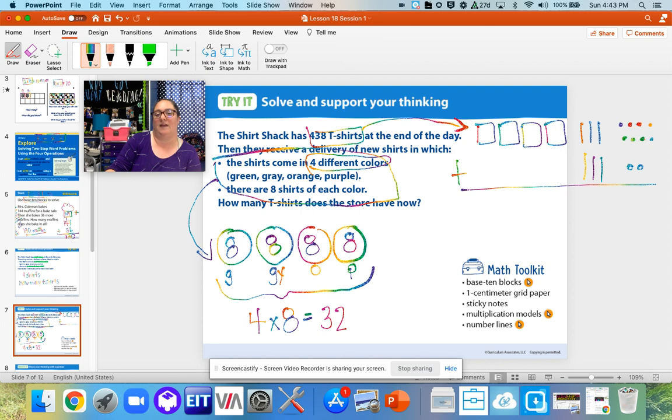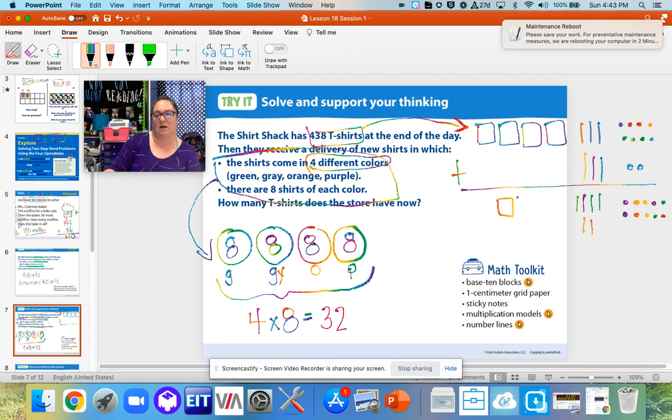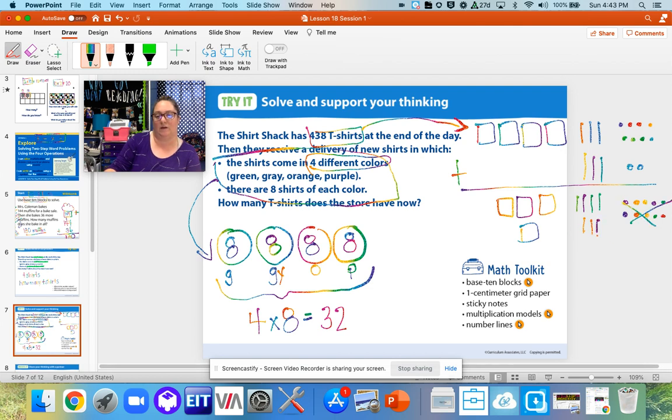And I can see I have 8 plus 2, which is 10. And then I've got 6 here. And then 400 here. So now I can see that this 10 is going to become another 10 over here.